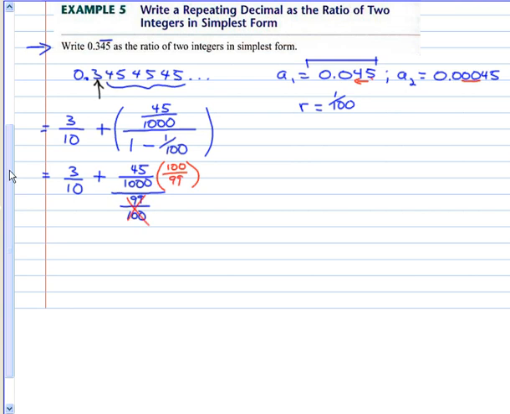And I can do some reducing. So those two zeros are going to knock out two zeros right there, so that helps out. So far, in my head, I have 45 in my numerator, and I have 10 times 99, so 990 in the denominator. And then I need to reduce that again.